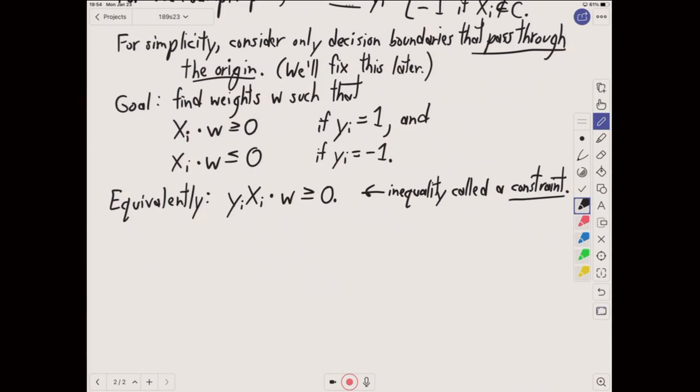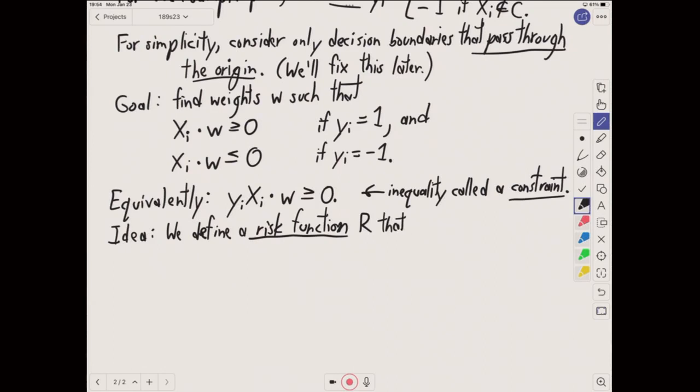All right, how are we going to find a w that has all these magic powers of making all these inequalities happy? Well, here's an idea. We define a risk function that we'll call r, which basically tells us how badly we're doing at the moment.